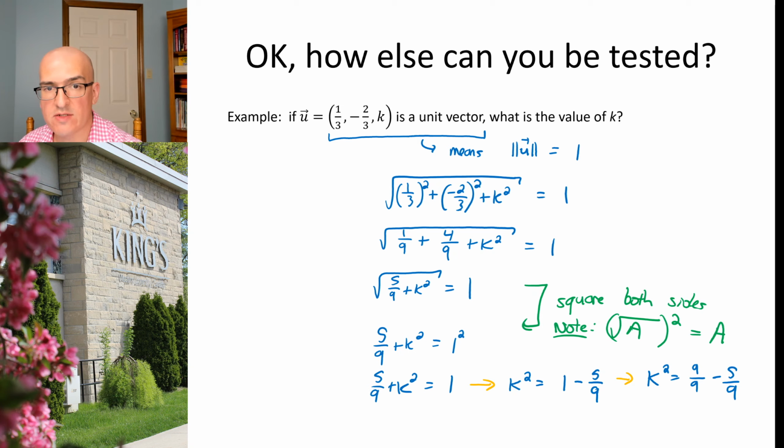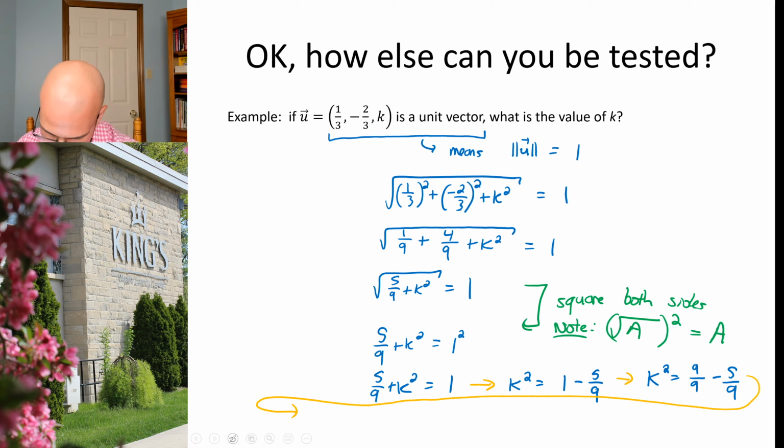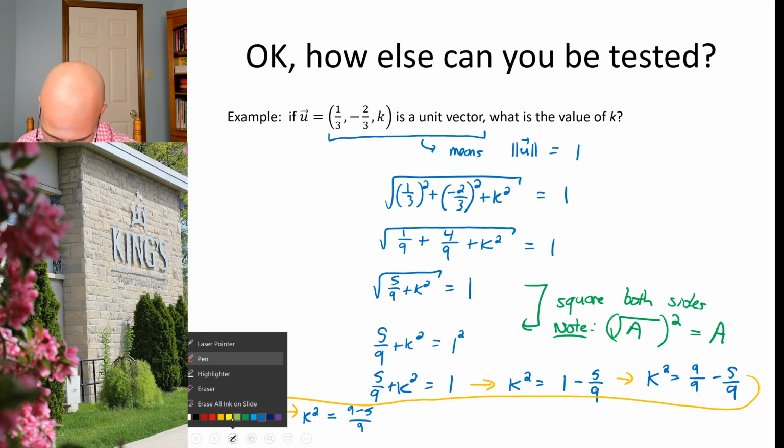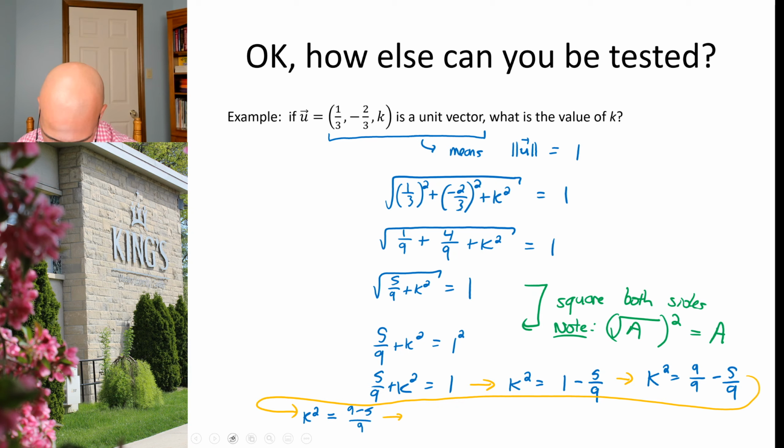Now I can subtract the tops because the denominators are the same. So k squared is equal to 9 minus 5 over 9. So k squared is equal to 4 over 9.